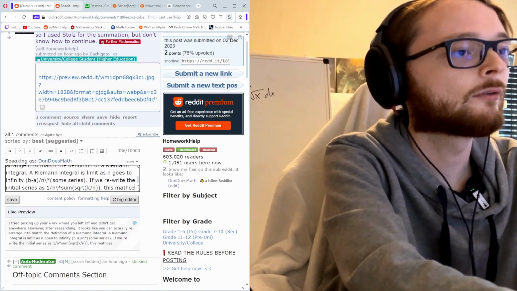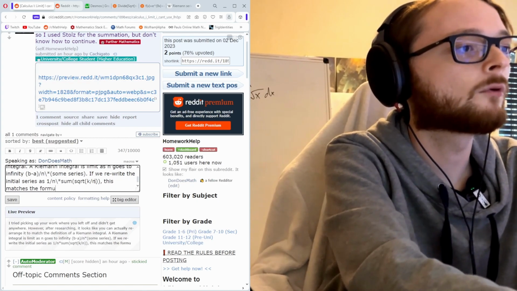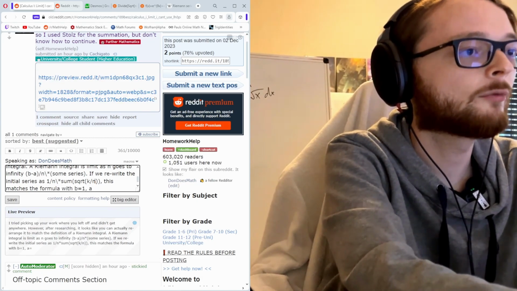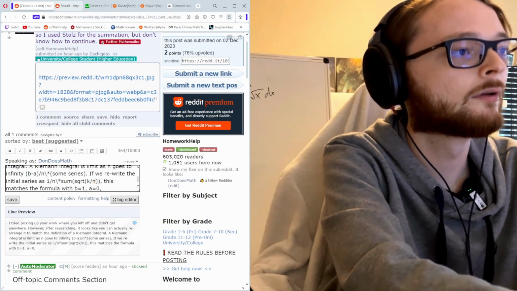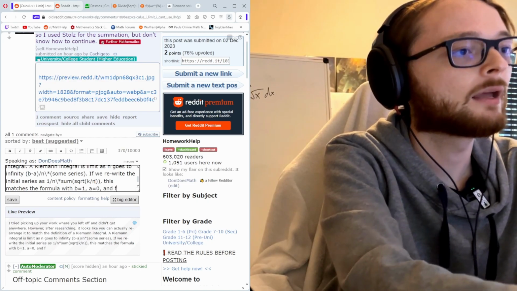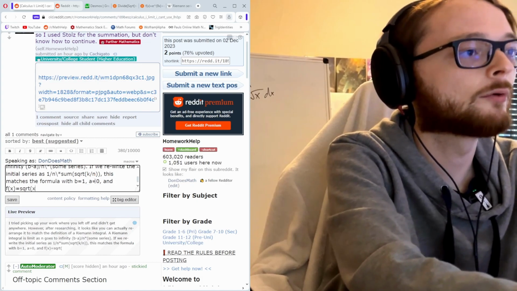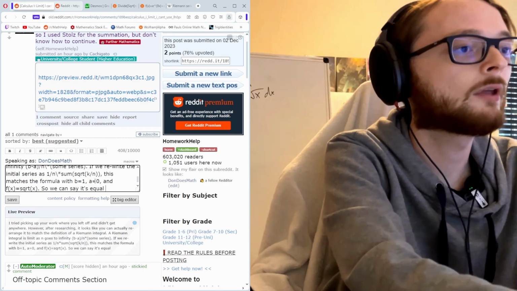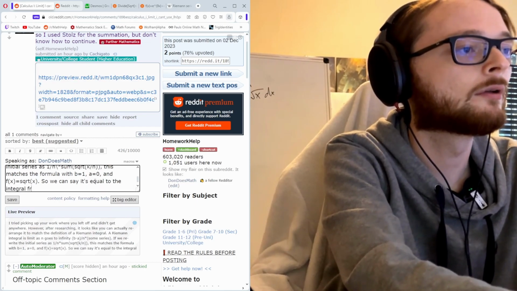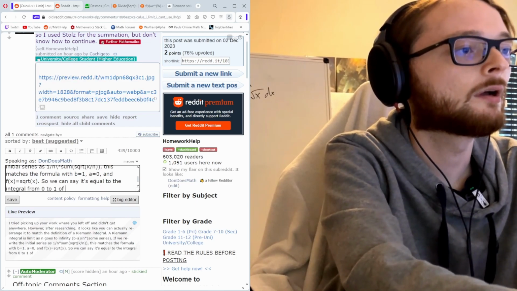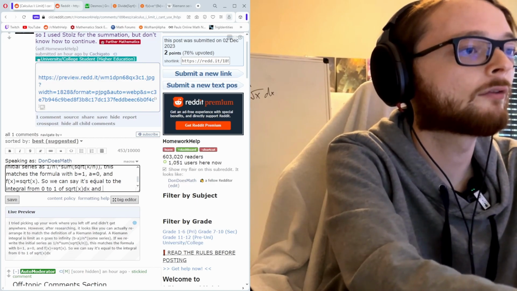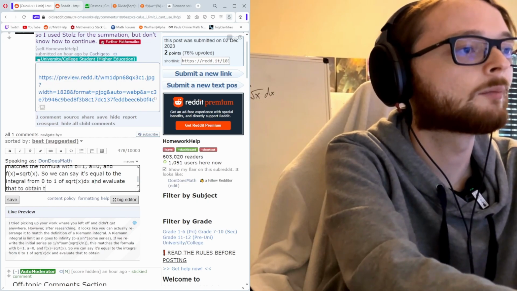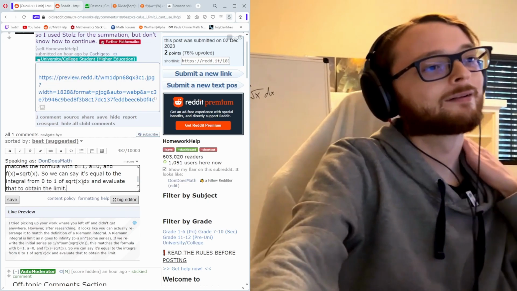This matches the formula with b equals 1, a equals 0, and f of x equals square root x. So we can say it's equal to the integral from 0 to 1 of square root x dx and evaluate that to obtain the limit. That's really cool.